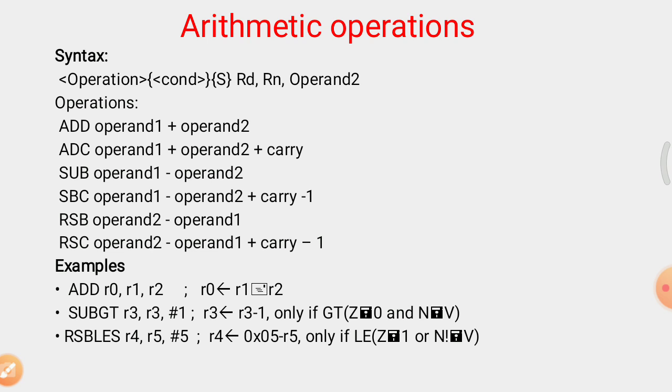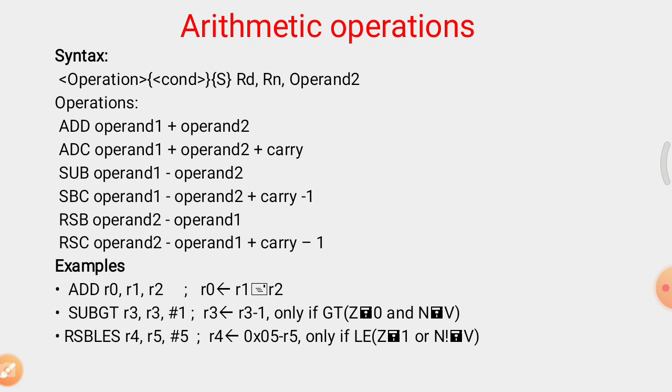Let us see the operations. We have ADD, the add opcode, where it is going to add operand 1 plus operand 2. The operand 1 is Rn and operand 2 is any register or immediate value. So these two, Rn plus operand 2, are going to be added and the value is going to be loaded into the destination register Rd, which we are going to mention.